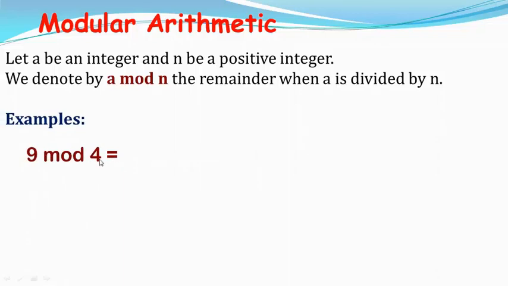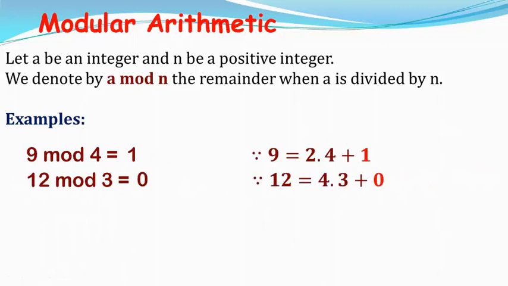When we divide 9 by 4, the remainder is 1. So 9 mod 4 is equal to 1 because 9 is equal to 2 into 4 plus 1. 12 mod 3 is equal to 0 because 12 can be written as 4 into 3 plus 0. So 0 is the remainder.